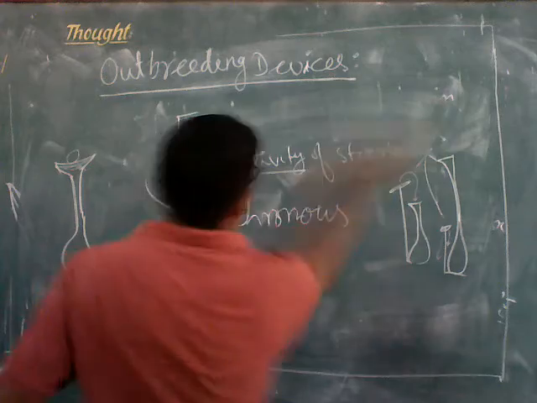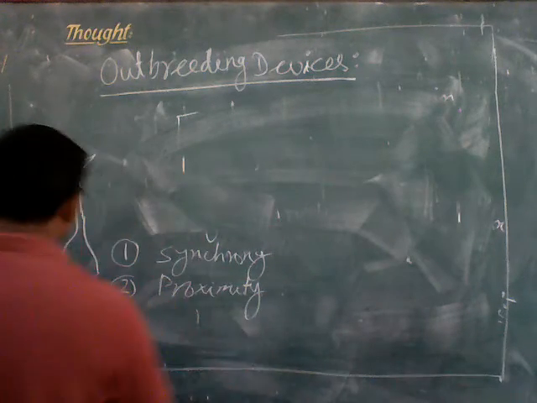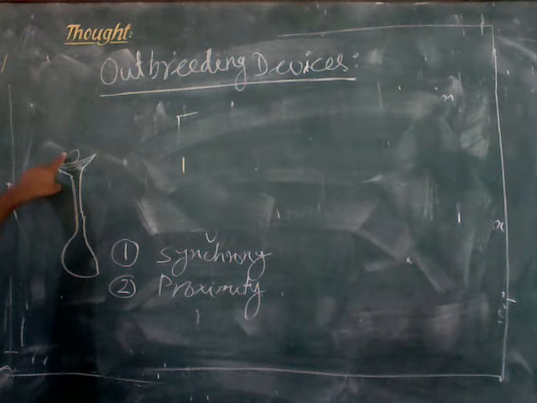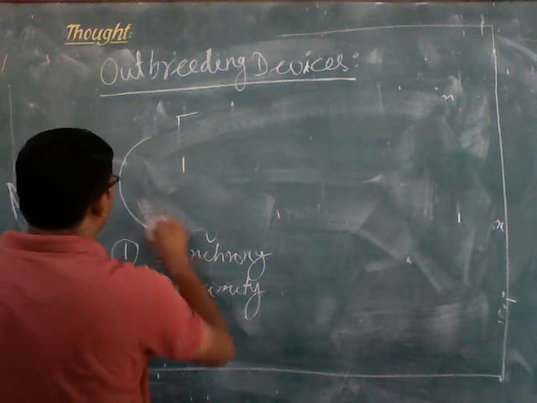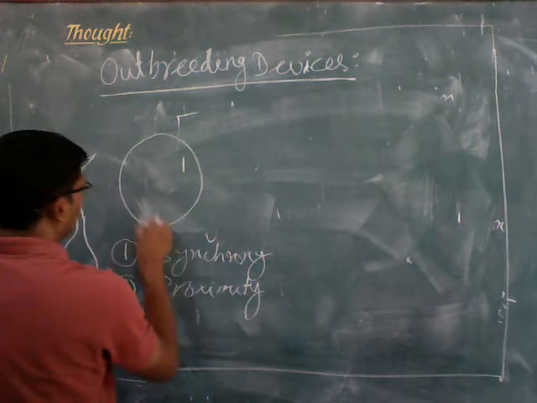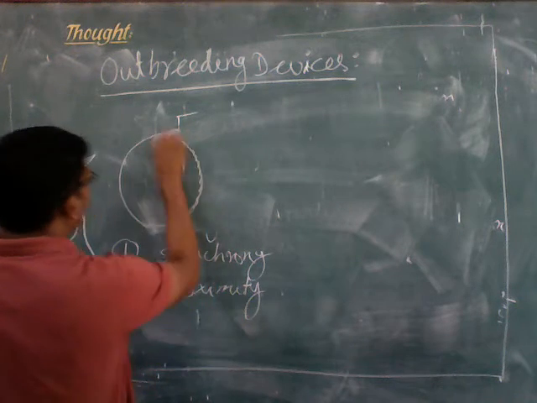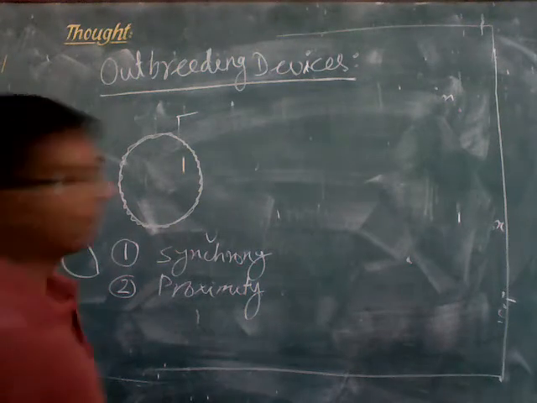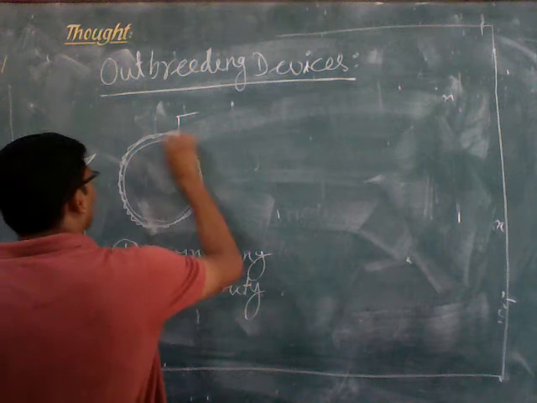Similarly, if you imagine further, once the pollen grain has landed on the stigma, there will be certain interaction between the pollen grain and stigma. You have already studied the structure of the pollen grain. There is an outer layer called the exine, made of sporopollenin, and then an internal layer called the intine.